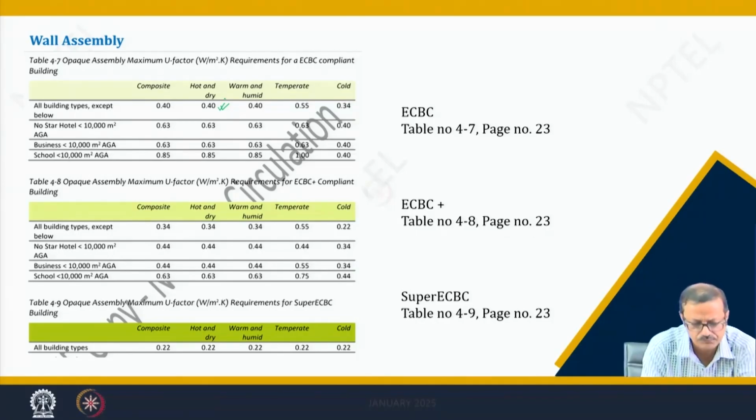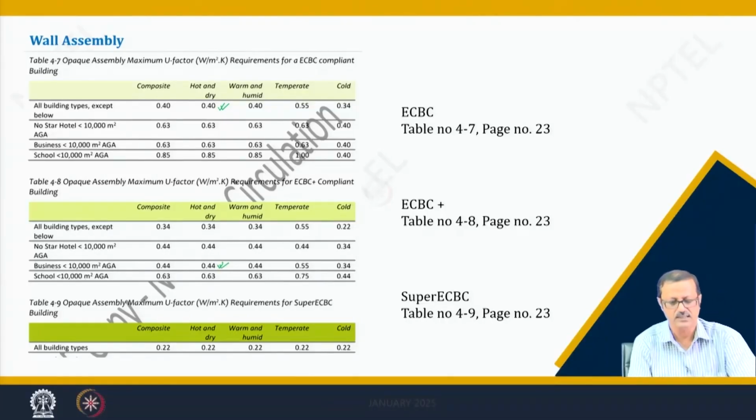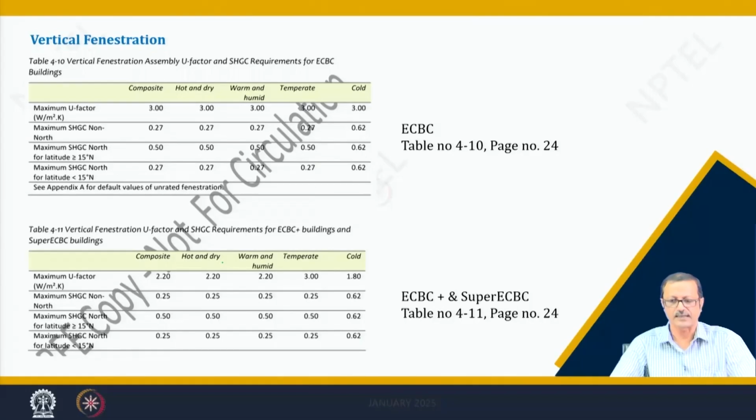In this case, for Super ECBC, I have to go with the business building, less than that. So, 0.44, and in case of the U factor for Super ECBC it is straightforward 0.22, right.